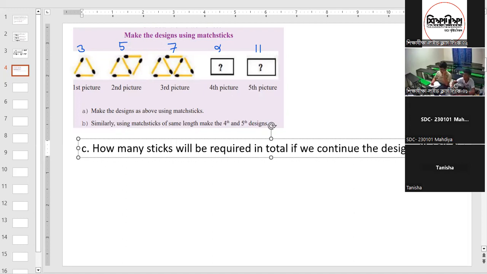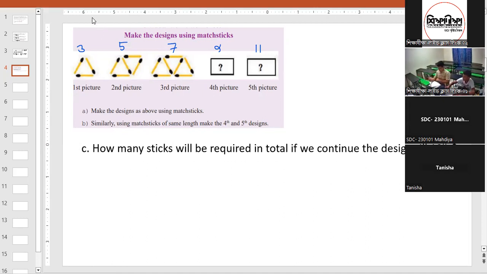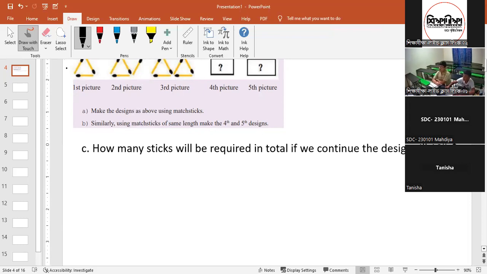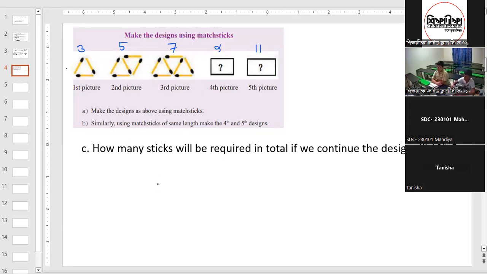If we go to the 18th picture this way, from the beginning to the end, how many sticks are needed, right? To solve this math, you are going to ask this question this time in matchsticks. Now this is our A. This is a series, an arithmetic progression: 3 plus 5 plus 7 plus 9 and so on, and we're going to go till the 18th number and then find the sum.